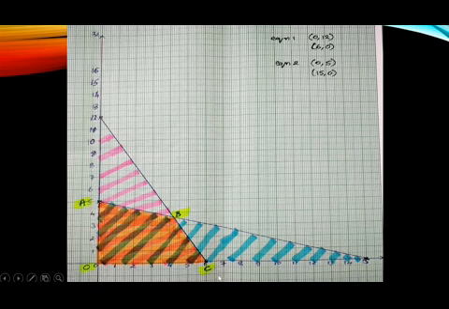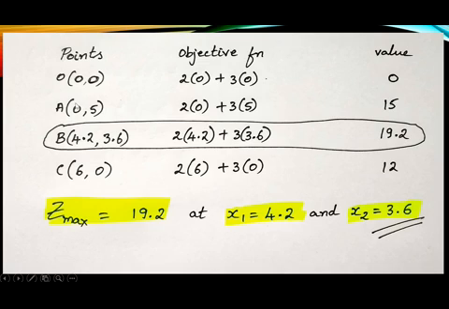After noting down the coordinates of the extreme points, now I am supposed to optimize or find out the optimal solution. So the step to do that is I am supposed to make a note of the points. O is 0, 0, A 0, 5, B 4.2, 3.6, C is 6, 0.